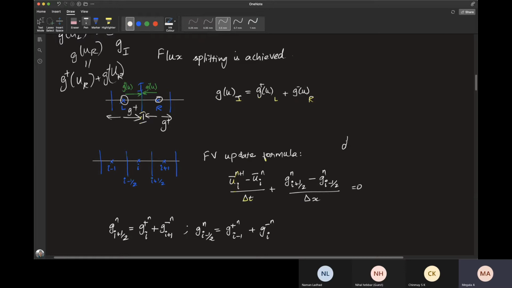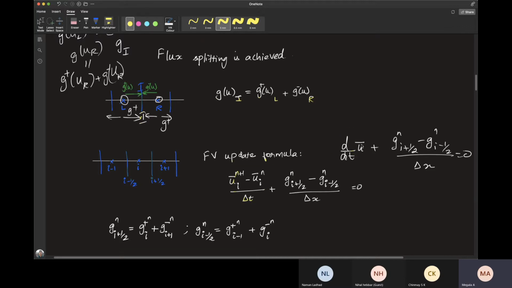We essentially get d by dt of u bar plus this thing. When we do it for this cell, we get this update formula. This is the integral form of the conservation law, and when we do forward Euler in time, we get this.